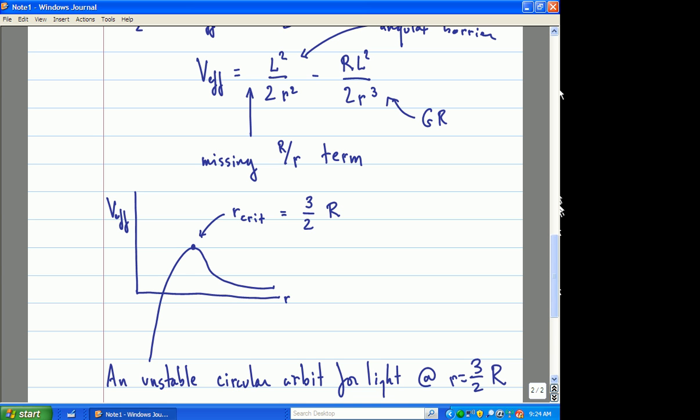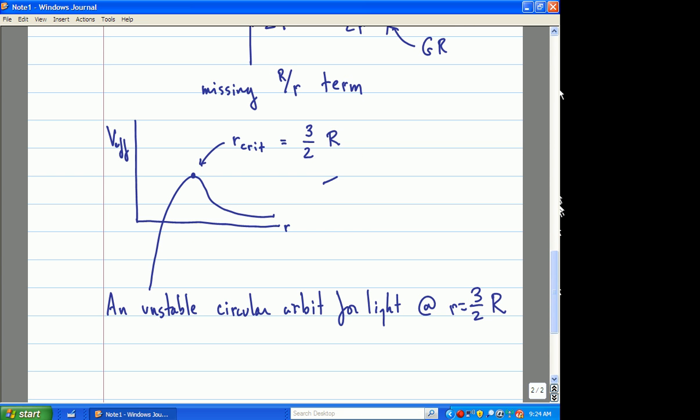And moreover, this light ray will either go off to infinity or it will fall into the center of the geometry. So just looking at this effective potential, you can see that light will either go to infinity or go to r equals 0.